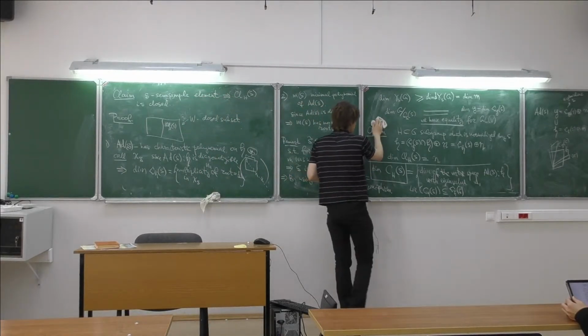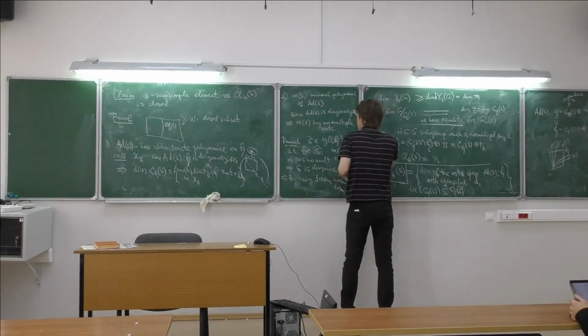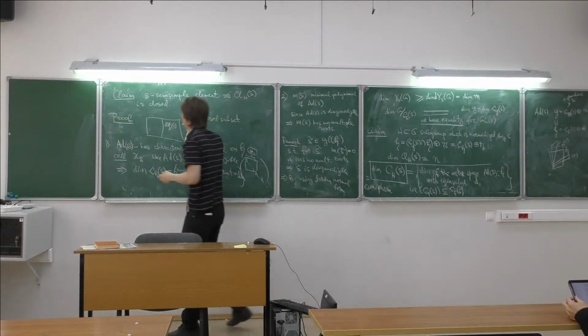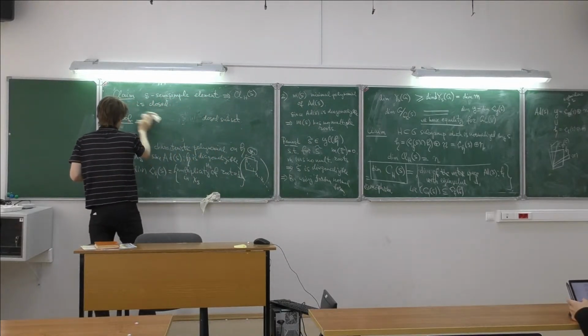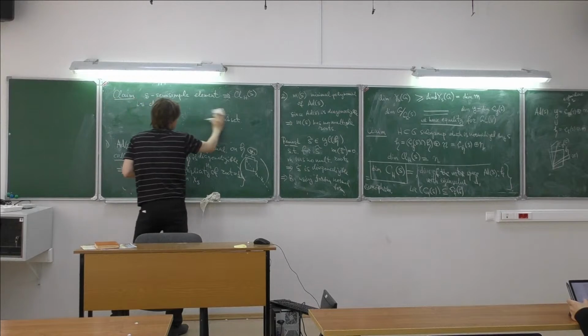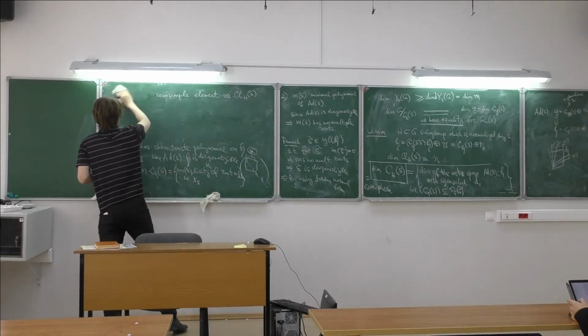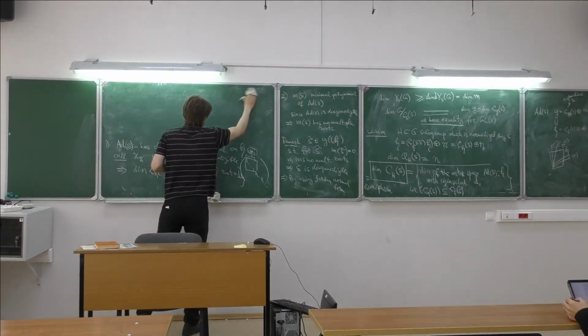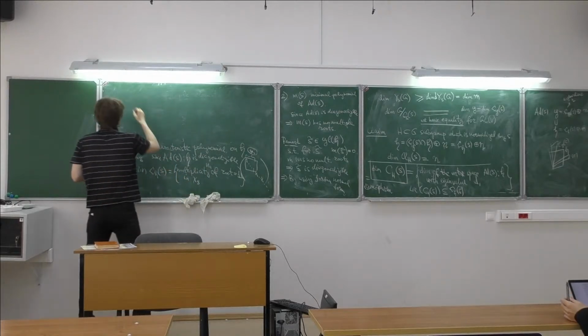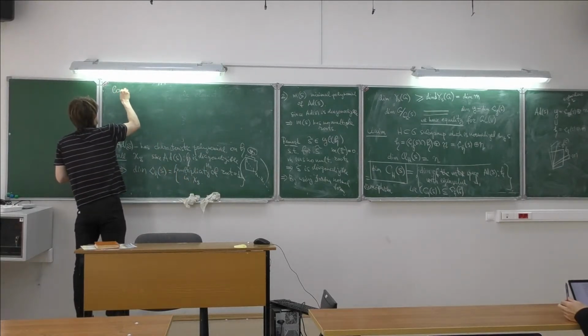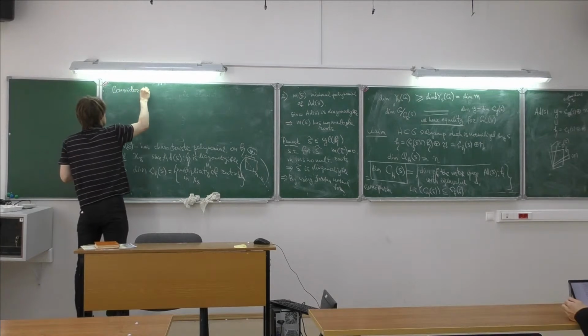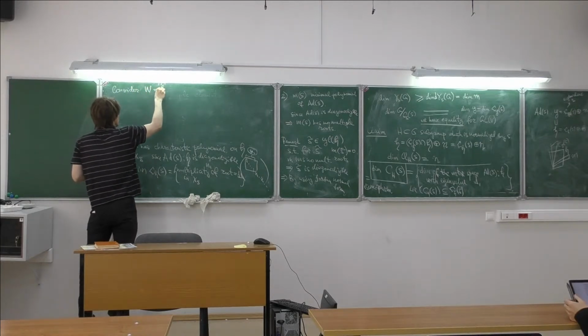So the next step is the following. So we want to consider the following subspace. So consider W with the following properties.